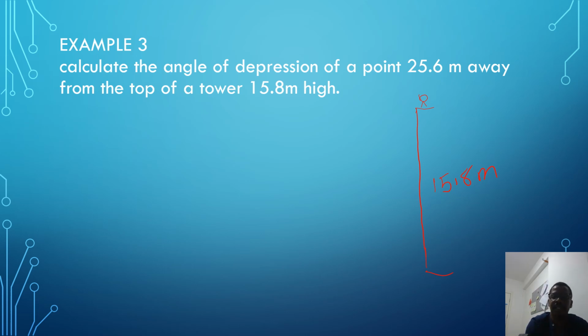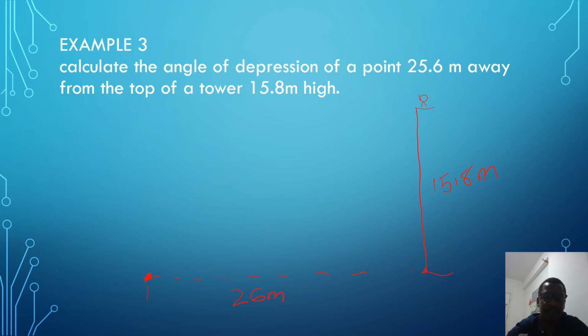Now there is a point that you are targeting, and that point is 26 meters away from this tower. Okay, 26 meters away. So you measure maybe that point here. Okay, this is 26 meters away from the base of the tower.